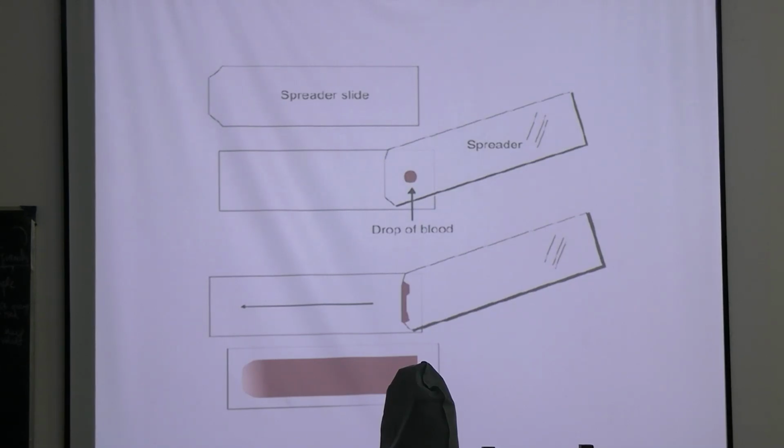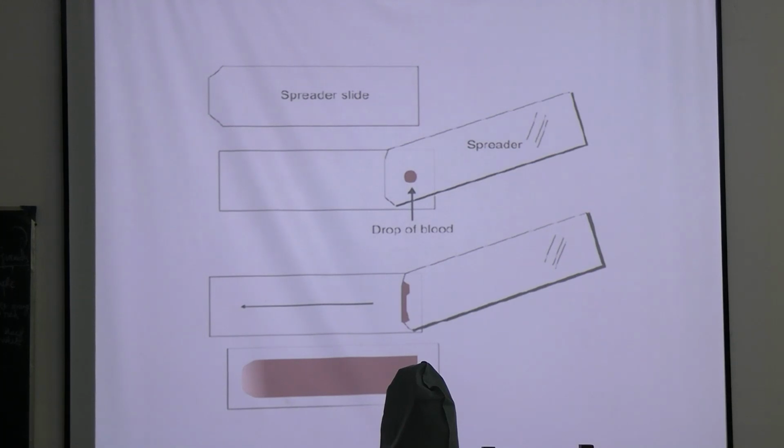Can anyone tell me what kind of thing we usually observe on the edges? Most of the time we observe the blood cells, RBCs, WBCs, platelets, on this part.